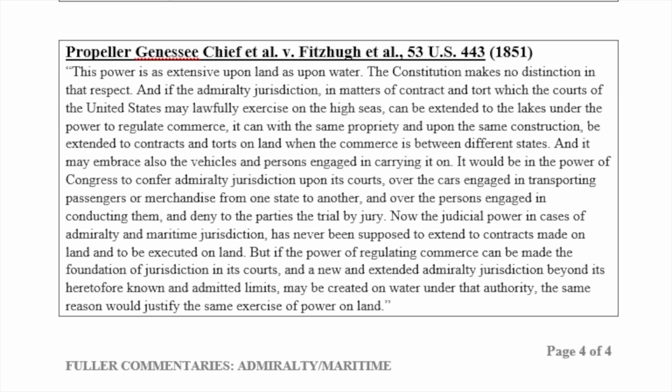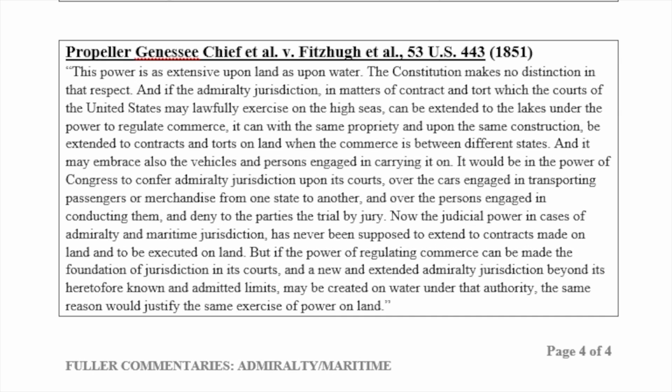The next case law that describes this as well is Propeller Genesee Chief et al. versus Fitzhugh et al., 53 U.S. 443, which took place in the year 1851. This case goes on to say, this power is as extensive upon the land as upon water.